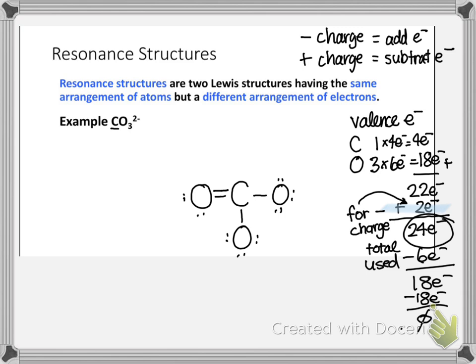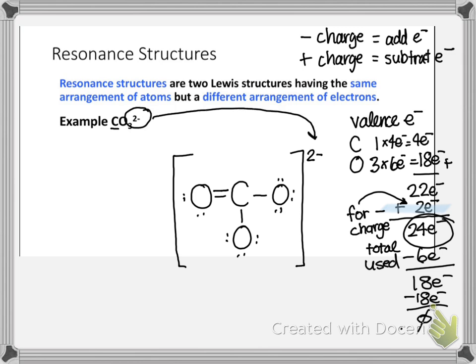Now, one thing you will notice with Lewis structures with a charge, and I would expect it, is to draw a bracket around the structure and then put the charge on the outside. The reason this is important is about how we're communicating to other people what we're doing.